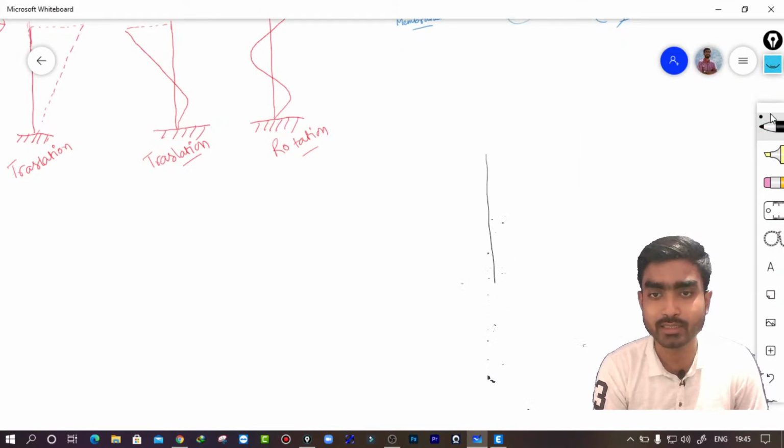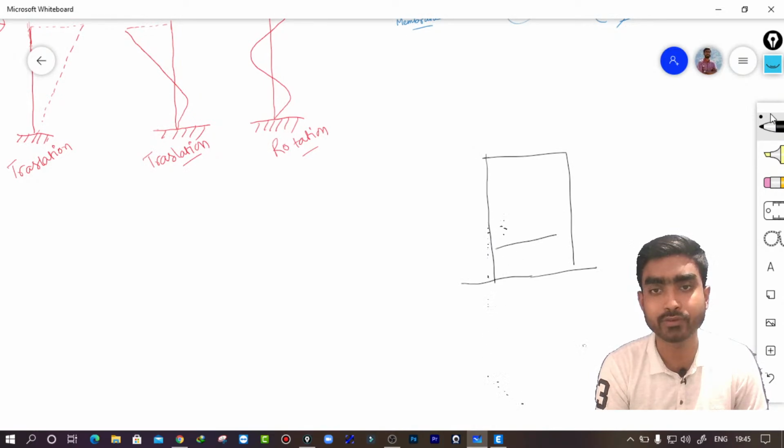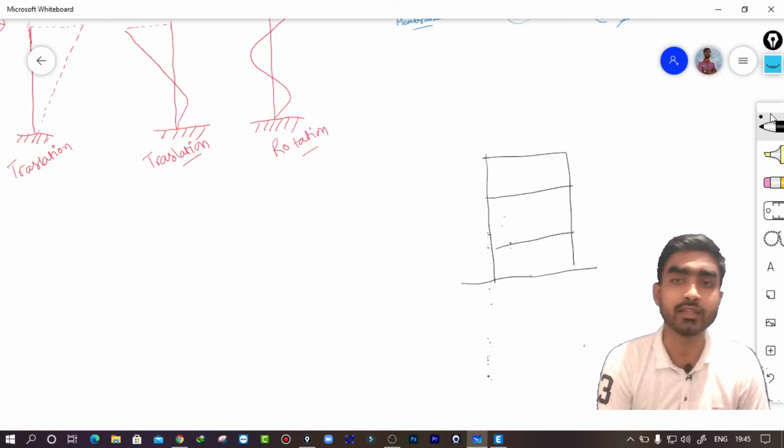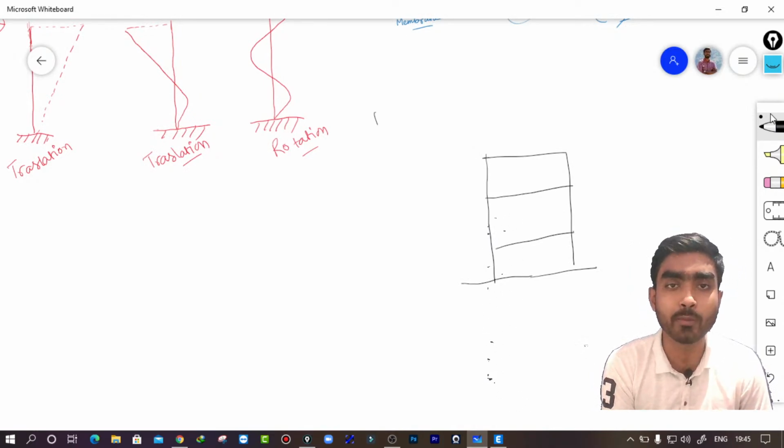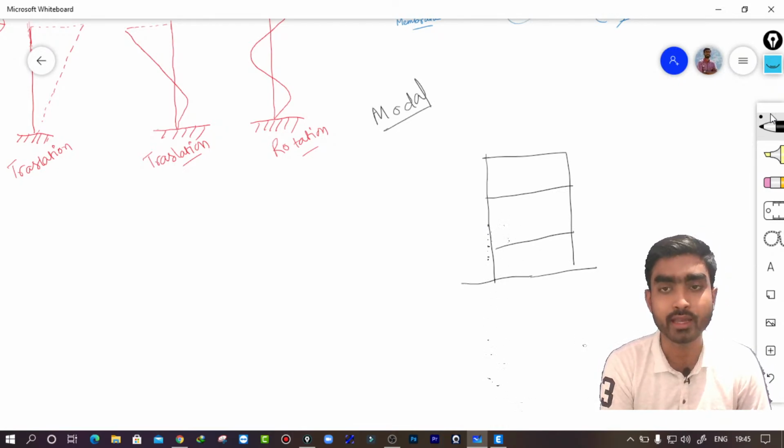Suppose this is my structure, a simple structure, and we have some floors. In that case, to solve the modal case, you can use the eigenvector analysis. Now suppose there is a tower at the top of your building, or maybe a small steel tower like this.